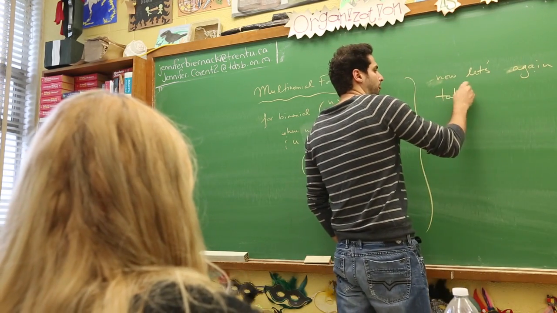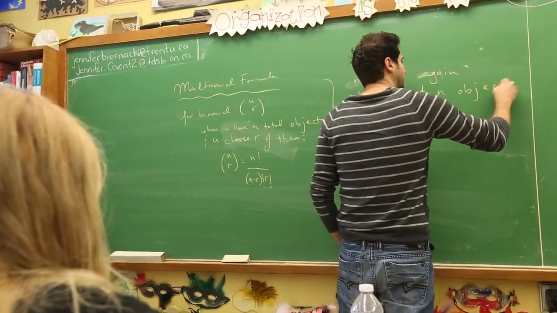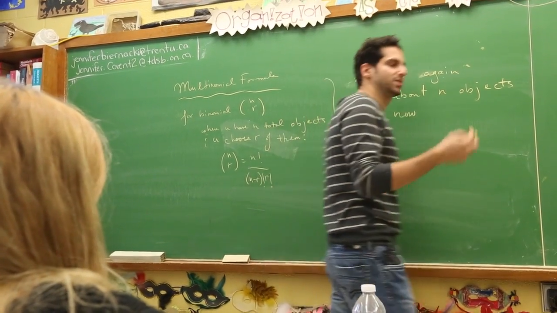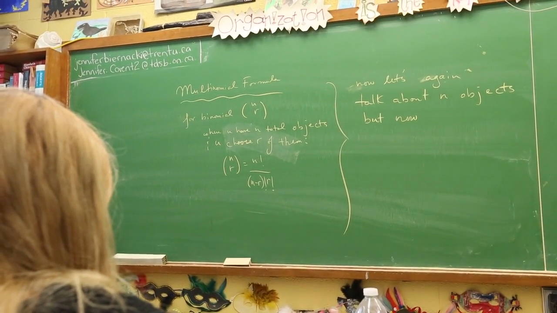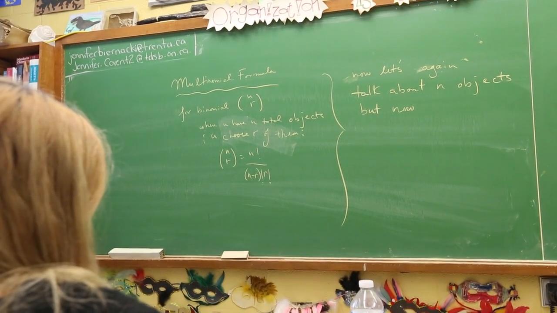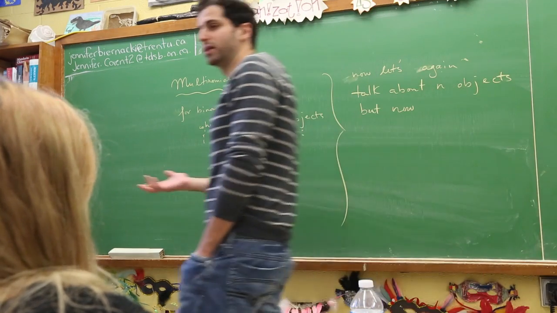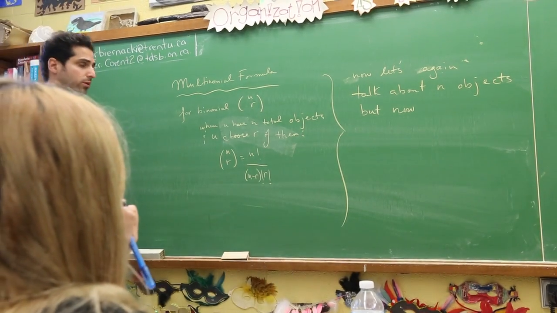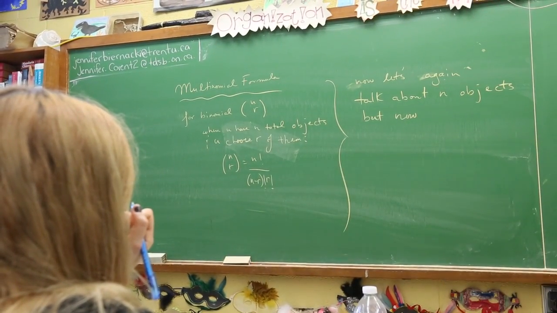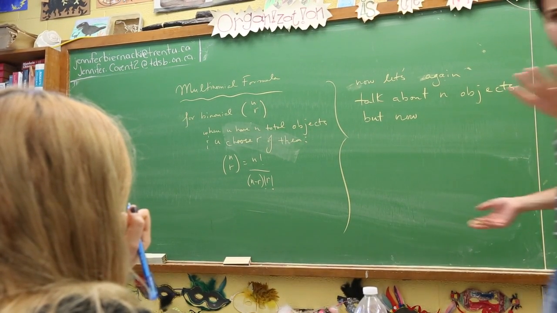So let's talk about an object, but now instead of just allocating a certain number of them, r of them, to an on or an off, or white or black, or a yes or a no, if it's multinomial, you can allocate different quantities of the total of n objects to different tasks. More than two.